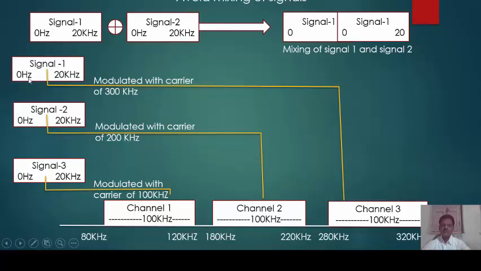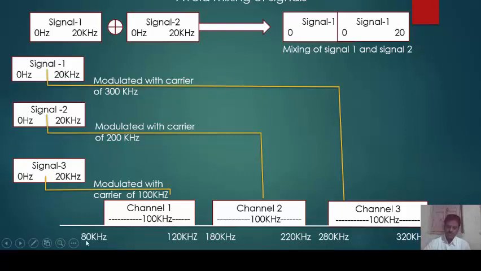Now this is the third signal, and the third signal is modulated with the help of 300 kilohertz, and therefore we have the channel with the frequency 280 kilohertz to 320 kilohertz. If you look at the frequency, it is given on the x-axis.